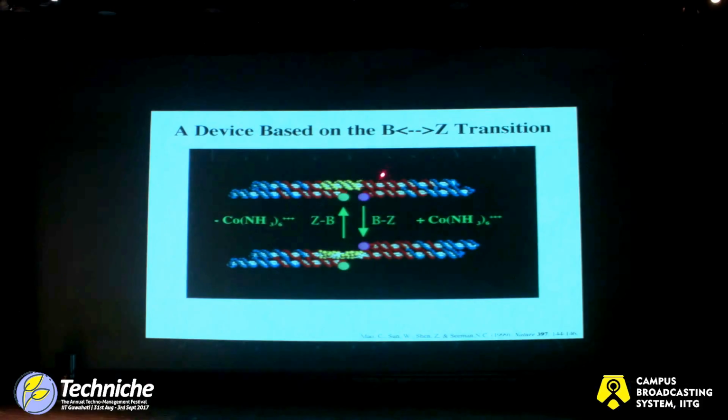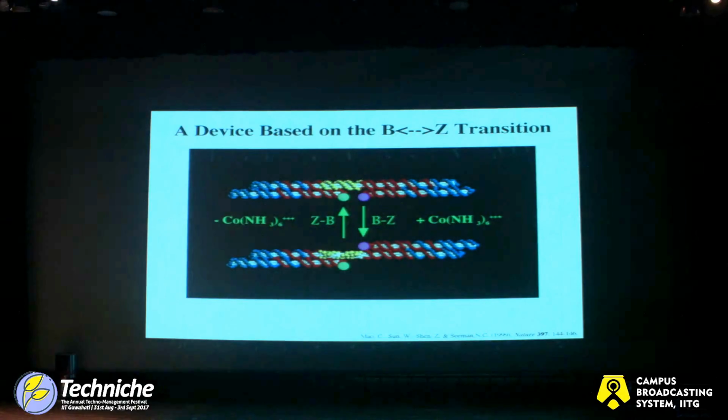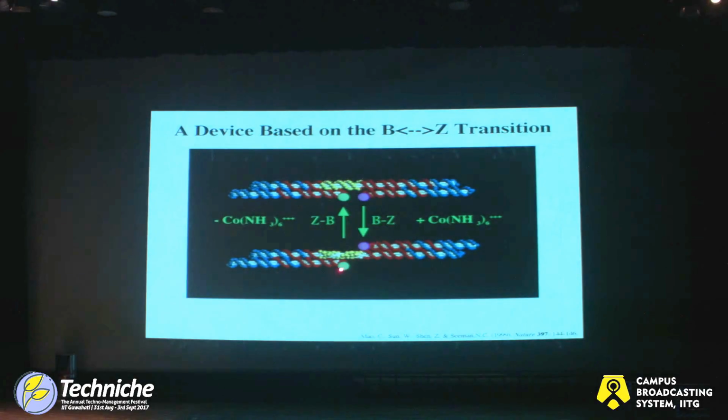This was a DX, 2 double helices of DNA, and the middle was a bit of DNA that could turn into something known as zDNA, which is left-handed DNA. And it could do that only when cobalt hexamine was added to the solution. When that happened, this domain of DNA would flip to the other side of this long shaft, and we could tell that by fluorescence resonance energy transfer between these 2 dye positions.